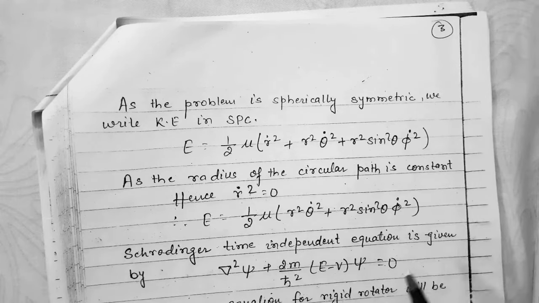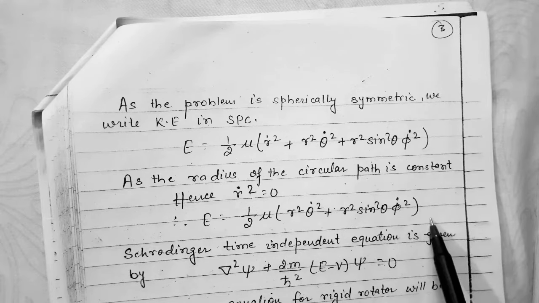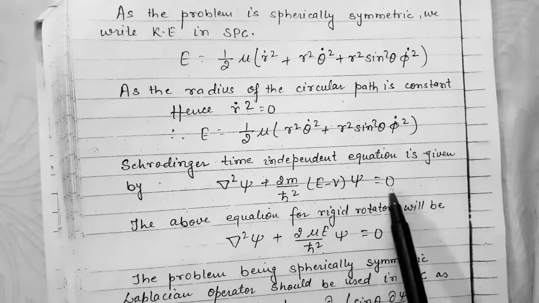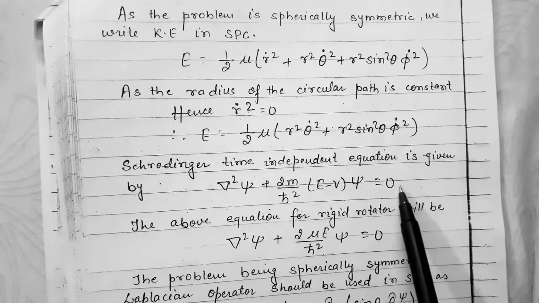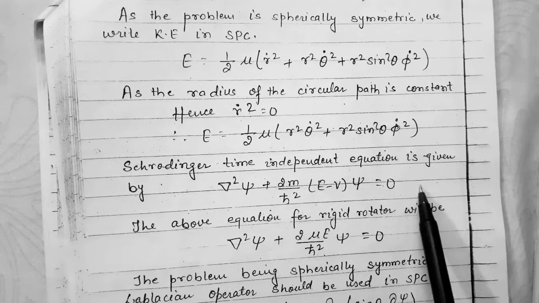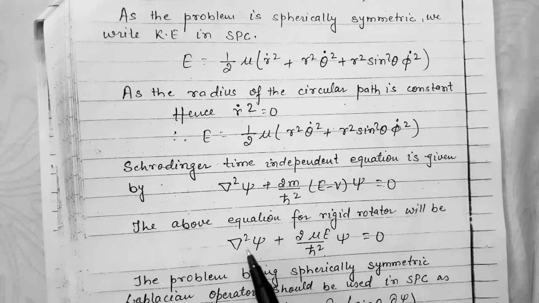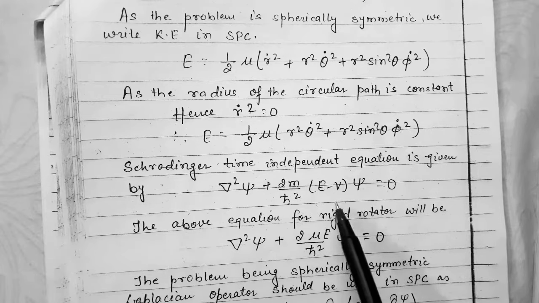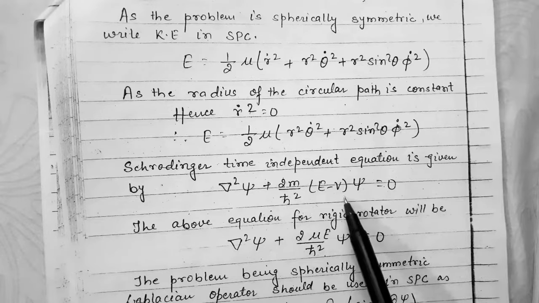Okay, so when we put this into the Schrodinger wave equation as a Laplacian operator, what will we get? This is the time dependent Schrodinger wave equation we already know. For the rigid rotator case, the time dependent Schrodinger equation can be written like this, because V is 0, as we have already discussed, since this is the rotating reference frame.